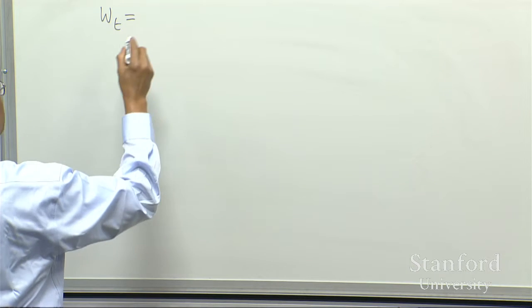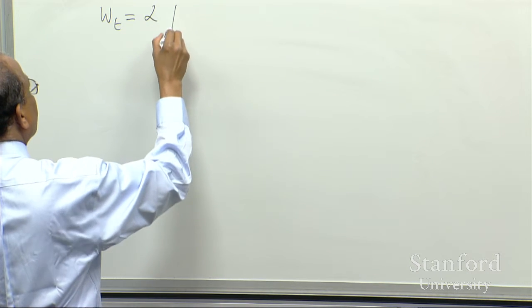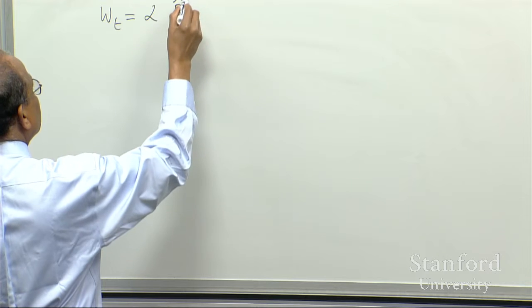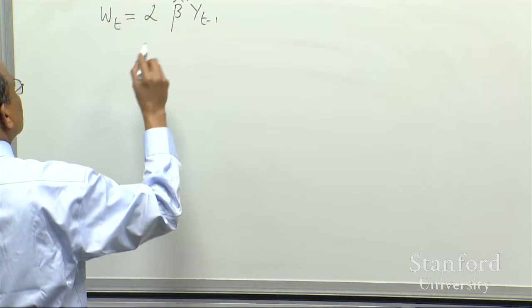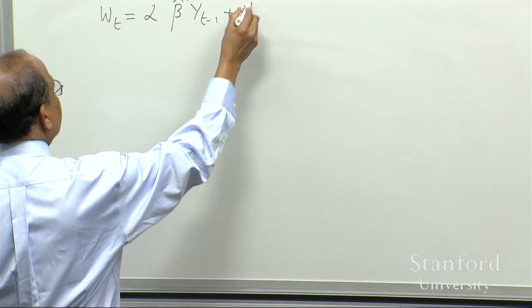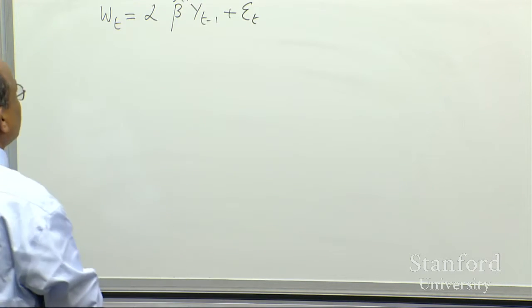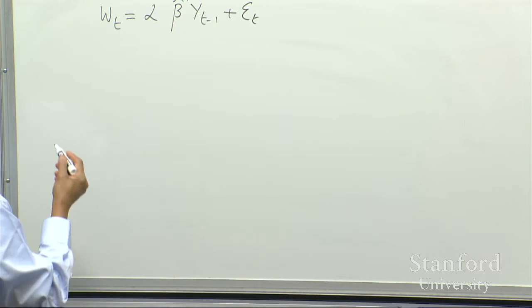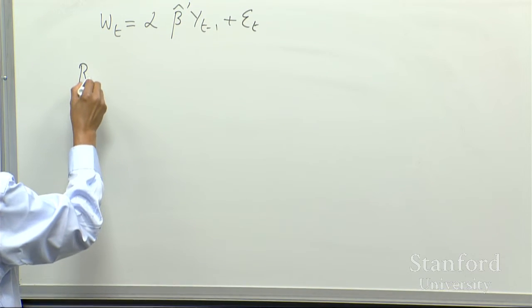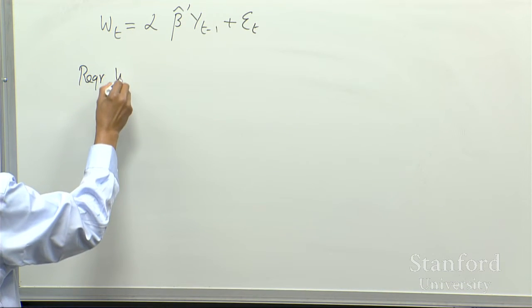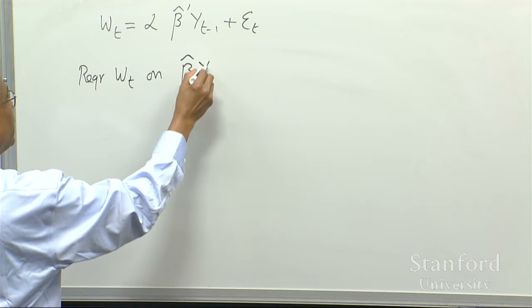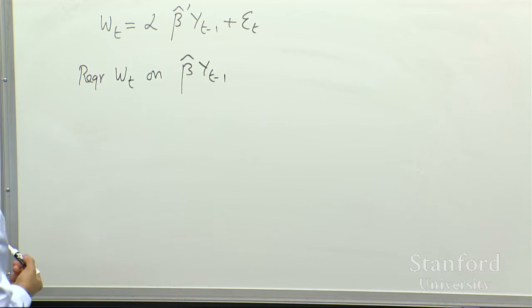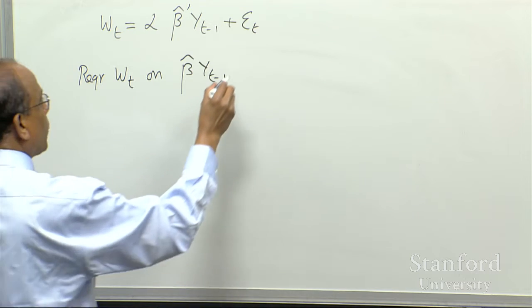You do not know what alpha is, and you have this beta hat estimate, beta hat prime y t minus 1. I am going to pretend that the beta hat estimate I am getting is the true beta, and regress Wt on beta hat prime y t minus 1 to get alpha.